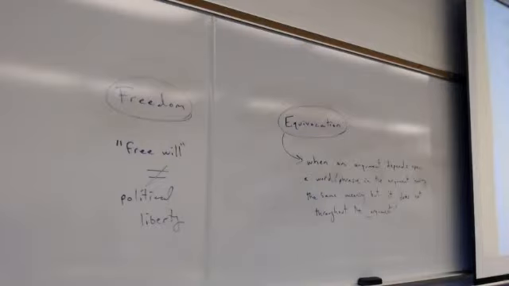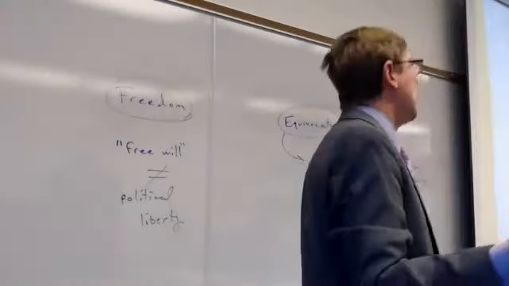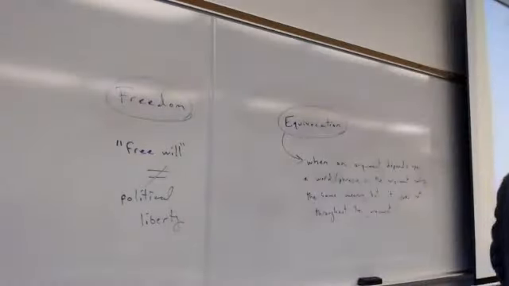Because free will is dependent upon whether or not you are just a biological machine or not. It is depending on there being an actual self that is not just a product of genetics and operant conditioning and other kinds of conditioning. And guess what? The fact that you have political liberty is irrelevant to whether or not you have free will.